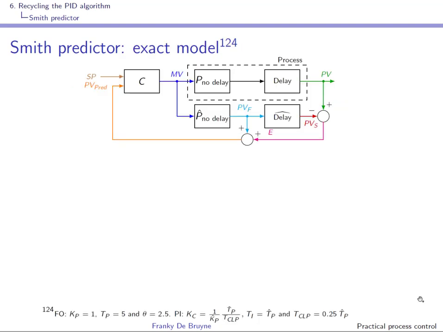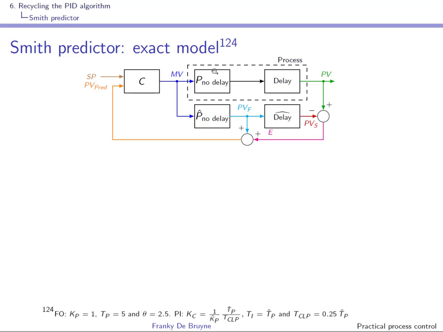In the next few slides we do a few simulations with a Smith predictor. The process is a Broida model, so first order with delay, and as usual you can split the process in process without delay and the actual delay. Then of course for the model we'll do something similar. We'll have a model of the dynamics without delay and then a model of the delay itself.